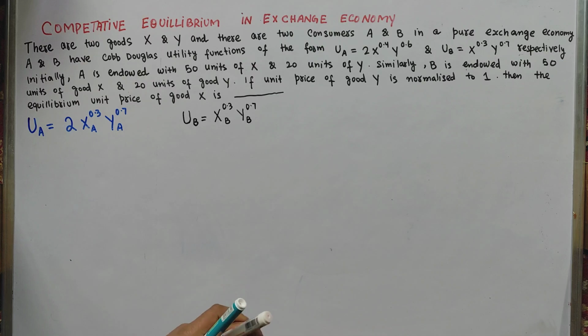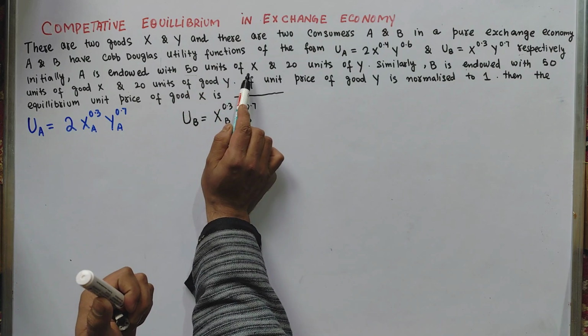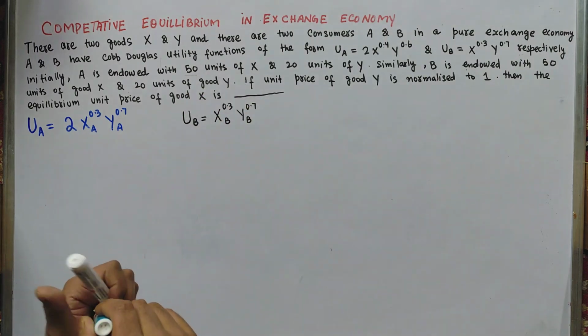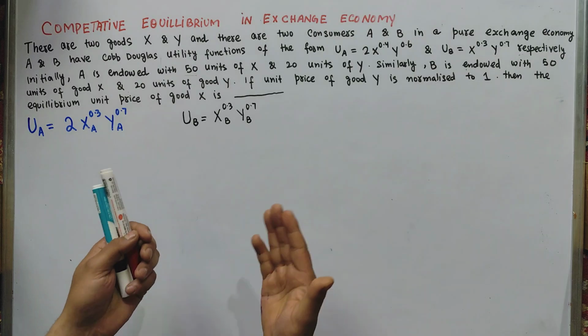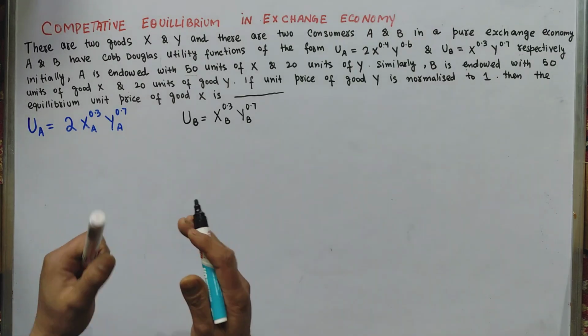Also we are told that consumer A is endowed with 50 units of good X. Let's write the endowment of person A, what he is endowed with.